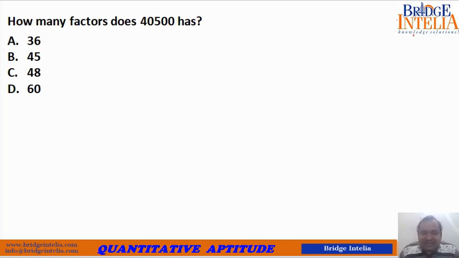How many factors does 40500 have? The first thing that we need to do is express 40500 as a product of prime factors. So let's do that first. 40500 is obviously 405 into 100.